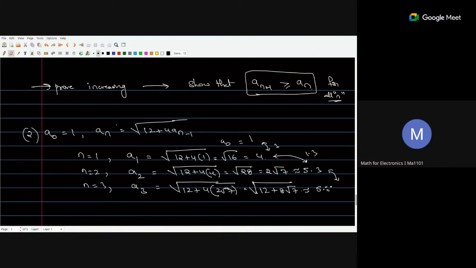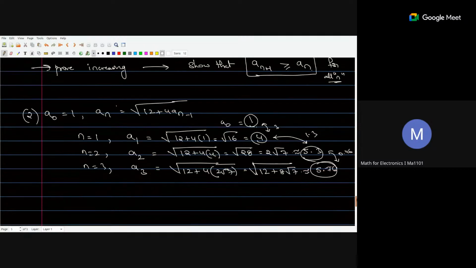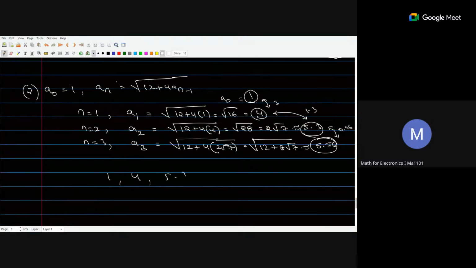And this is 0.76, so this is a difference of 0.46. Now you can observe that the difference between the terms is slowly reducing. The sequence is 1 first, then 4, 5.3, 5.76. So it's an increasing sequence, but the increase is not constant. The increase in the terms is slightly decreasing.